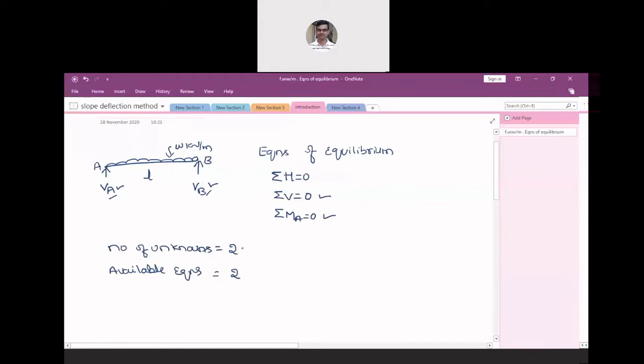Now the number of unknowns are equal to the number of available equations of equilibrium. So we can easily solve the simultaneous equations to calculate these unknowns, the values of VA and VB. So hence we can say this is a determinate structure.